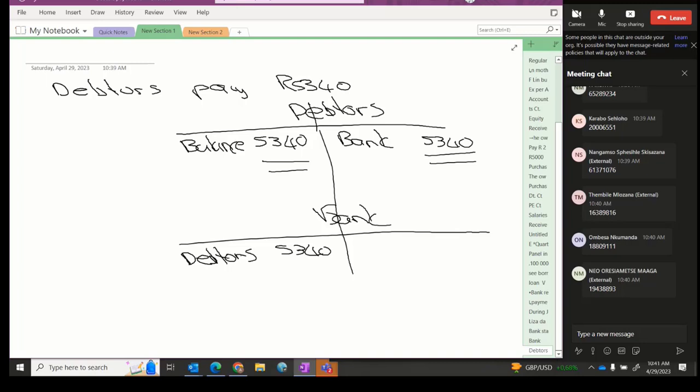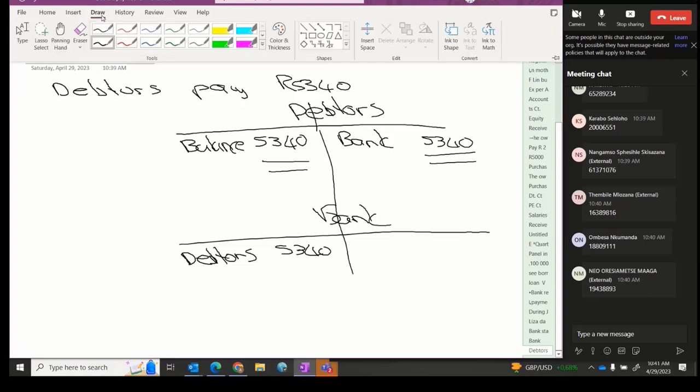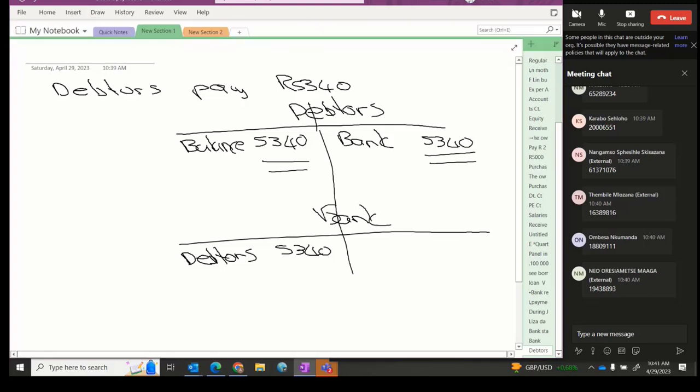There's no money in that account, and you have to reverse the transaction because those people told you they paid and issued a check, but they issued you a check that's not working.